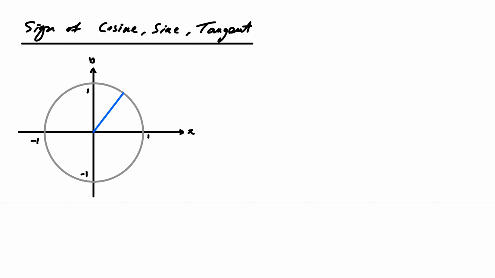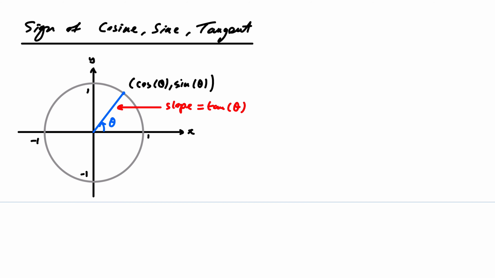I'm winding around, depending on which direction, positive or negative, but here I'm assuming theta is positive. And then my position is, by definition, cos of theta, sine of theta. And let's remember that the slope, it's a very beautiful fact, is equal to tan of theta. A really nice way to interpret the slope geometrically.